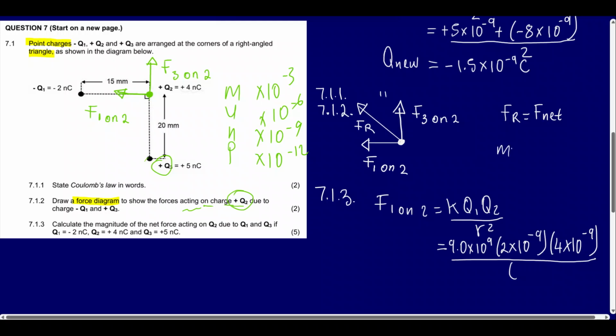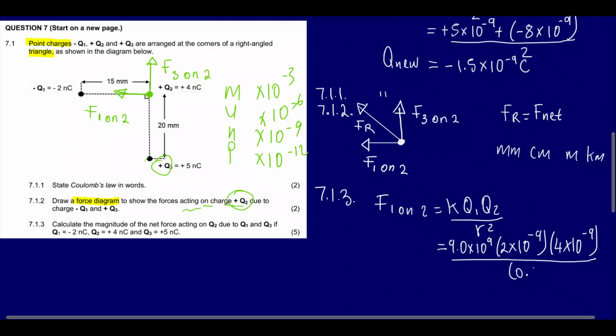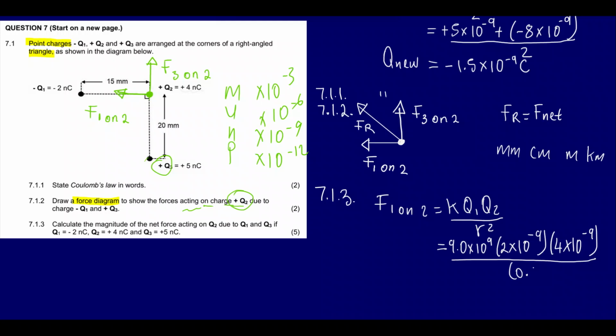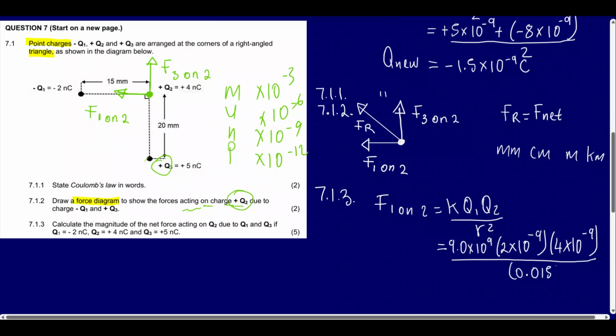For R squared we put the distance between the two charges, right? And remember, I gave you the conversion: to move from millimeters to meters, we divide by 1000. So you divide that 15 by 1000 and you get 0.015.